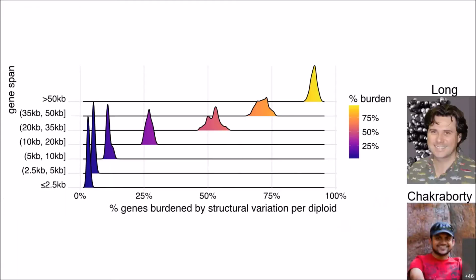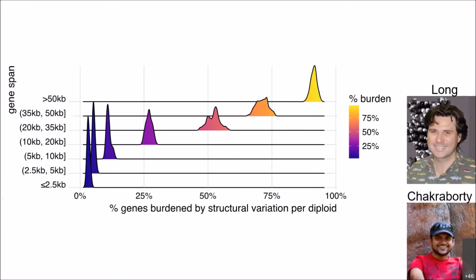And so the question I'd like to ask is, if I were to pick a random gene in the genome in a diploid fly, how likely is there to be a structural variant that's affecting that gene? So this is what this plot shows. On the x-axis is the percentage of genes in a particular size category indicated on the y-axis that are burdened by at least one structural variant.